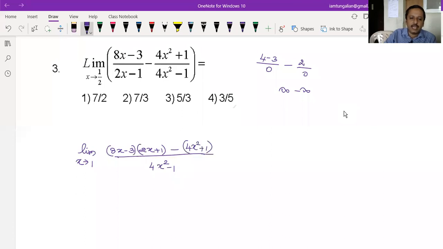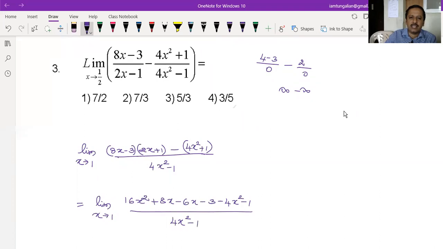That is equal to the limit, let me simplify this. We get 16x square plus 8x minus 6x minus 3, minus 4x square minus 1, divided by 4x square minus 1.